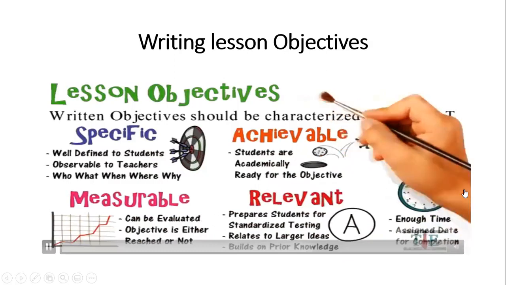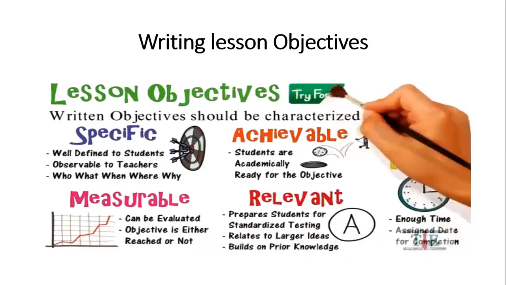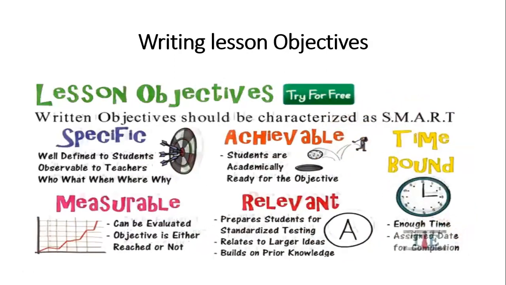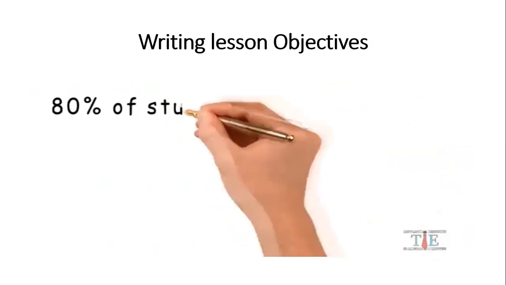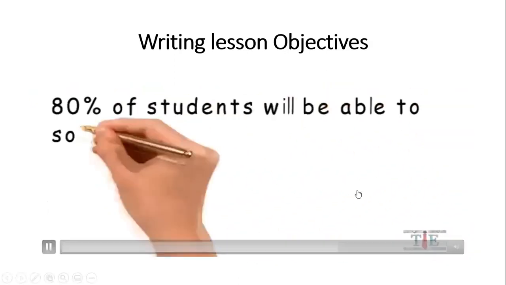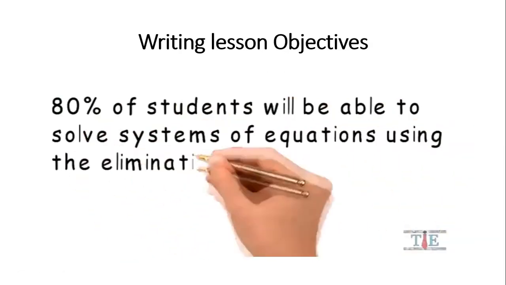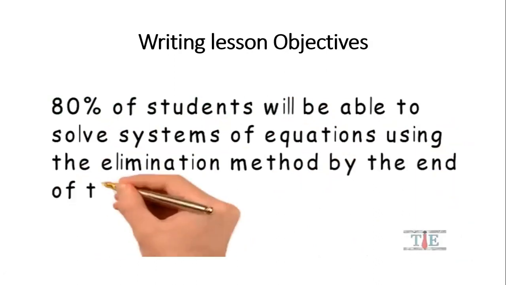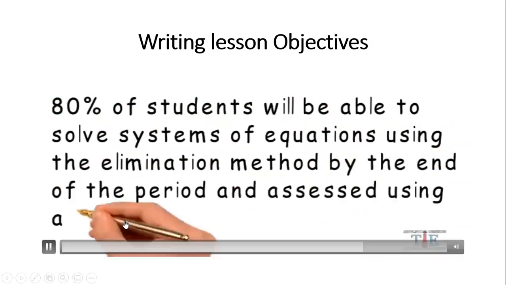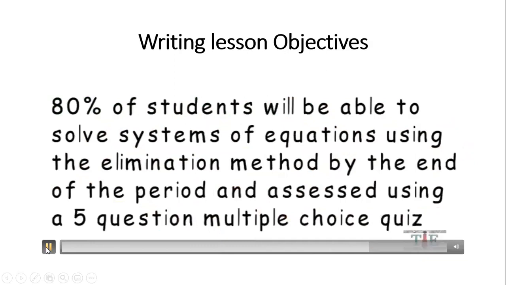Right now, I'm going to outline a fully written objective for a typical lesson. 80% of students will be able to solve systems of equations using the elimination method by the end of the period and assessed using a 5-question multiple choice quiz. If you notice here, 80% of the students, it's specific because you don't pretend that 100% of the students achieve the objectives.